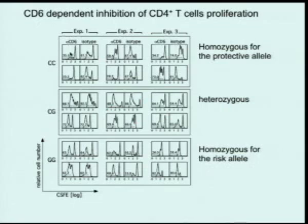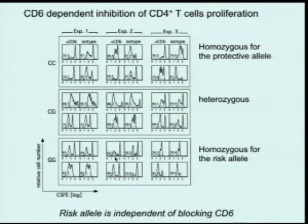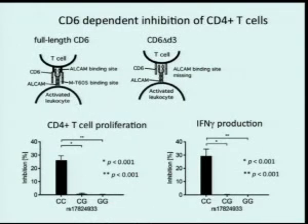You can see that if you're CC, when you block with anti-CD6, you go from here to here, you block entry in the cell cycle. But if you have the risk allele, anti-CD6 doesn't block. And here's a summary of these data over here. So if you're CG or GG, compared to CC, you have a marked inability to inhibit CD6 co-stimulation or gamma interferon production.